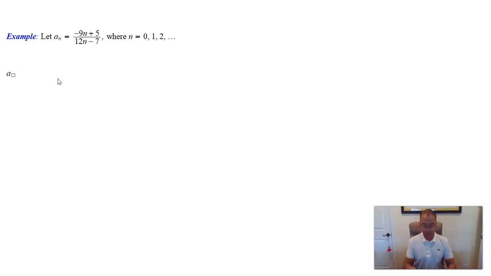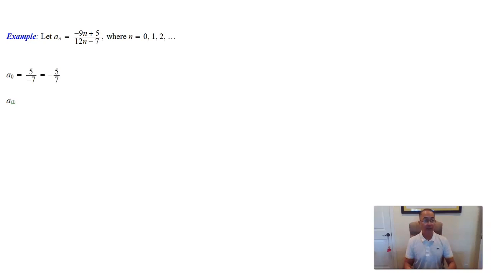So we start with a sub 0. We simply plug in the number 0 into our function. So we get 0 plus 5 over 0 minus 7, so we will just get 5 over -7, or if you want, you can write it as -5 over 7.